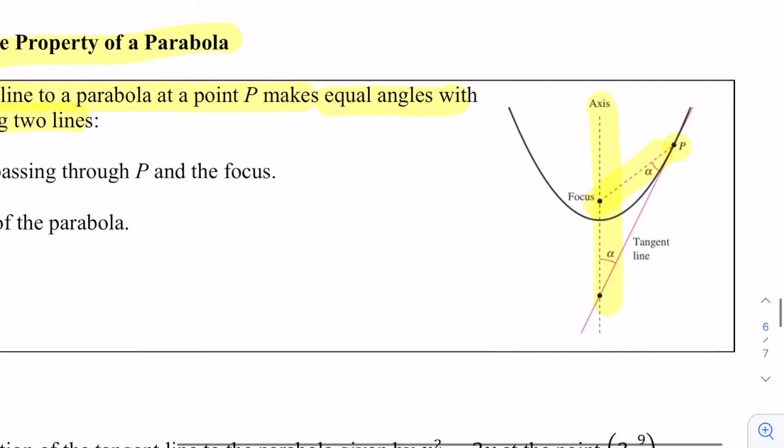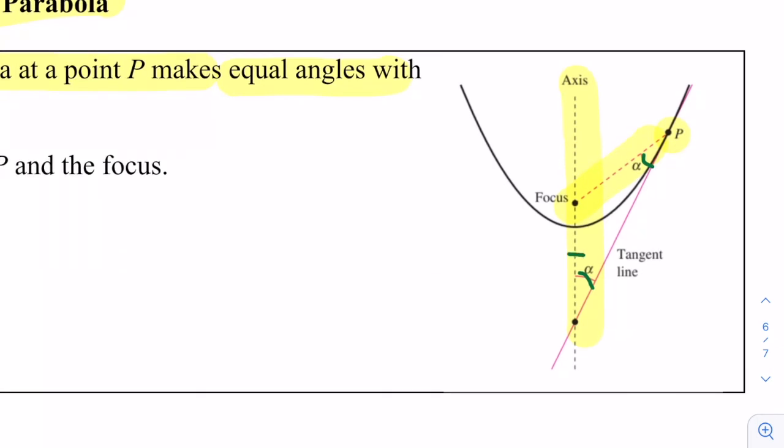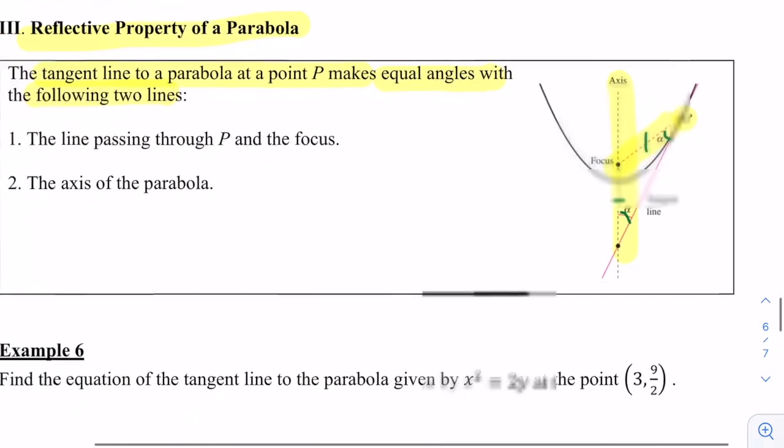You can see these angles here are going to be congruent, shown by alpha, and these sides are going to be congruent. And we can see that that's going to be an isosceles triangle.